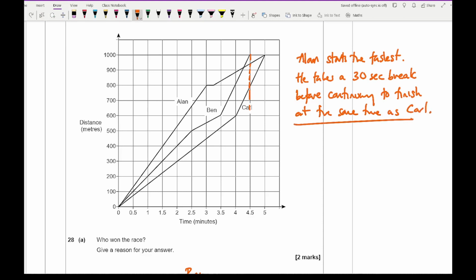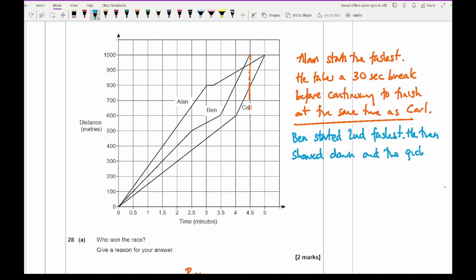You then want to talk about the next person. We talk about Ben. So Ben started second fastest. He then slowed down and then picked up the pace to finish first.